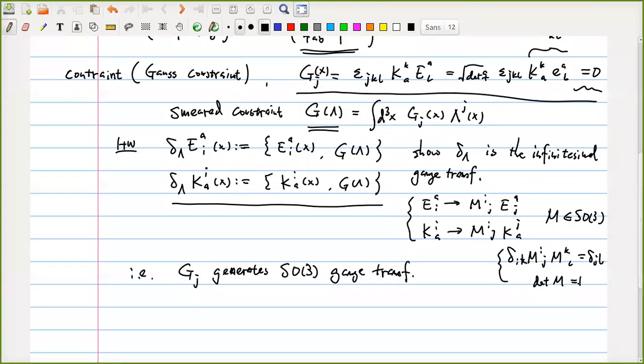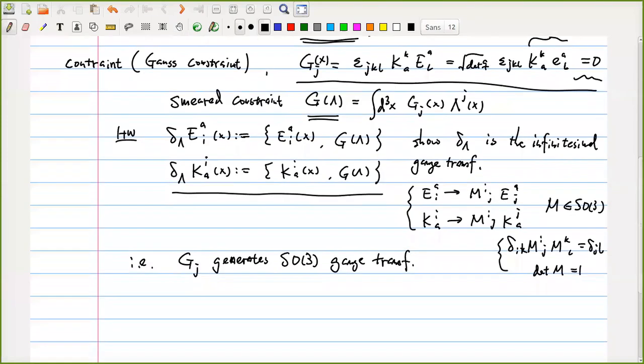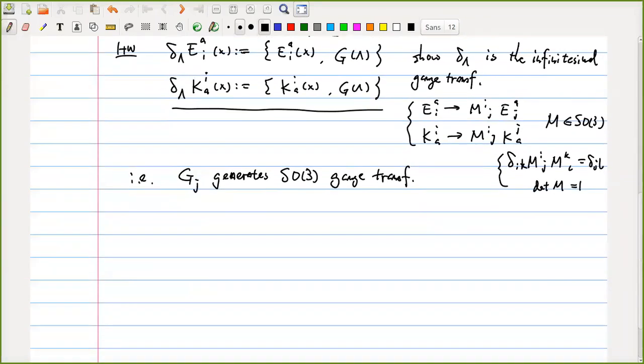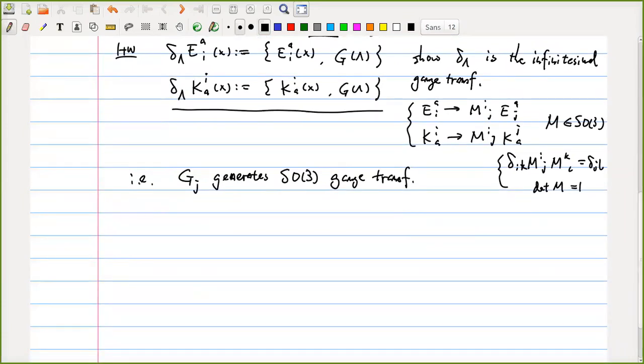These two equations mean that M is in SO(3). You can also draw a picture of the relation between the extended phase space and the ADM phase space.